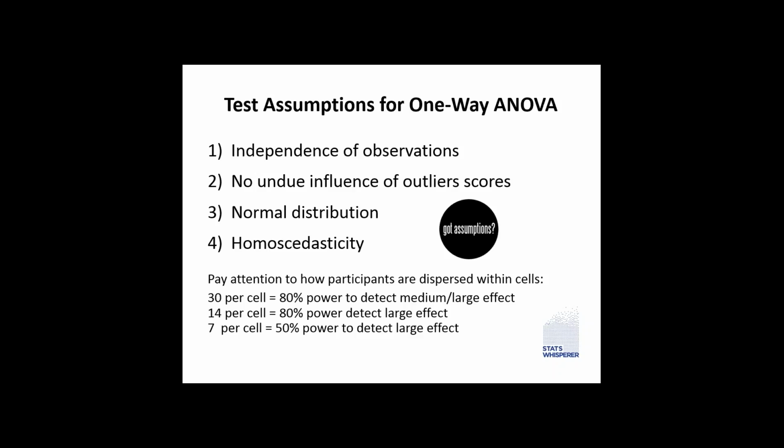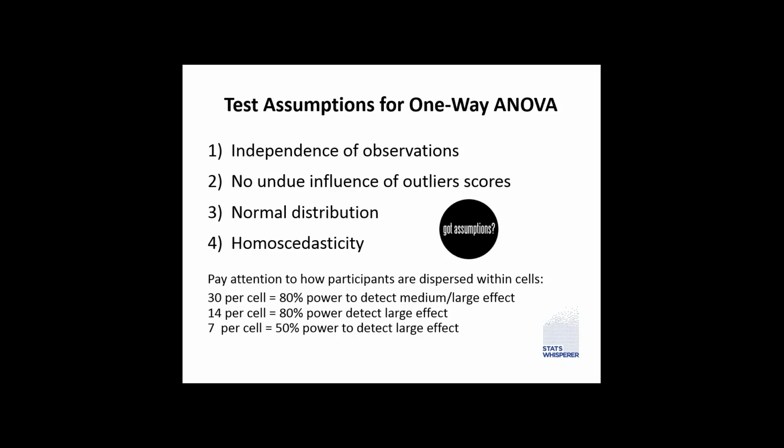So 1, independence of observations; no undue influence of outlier scores, which is a very important one; is the continuous variable normally distributed; homoscedasticity. And then also, as we mentioned before, the number of people in the categories relates to things like statistical power. We want to make sure there's a good number.